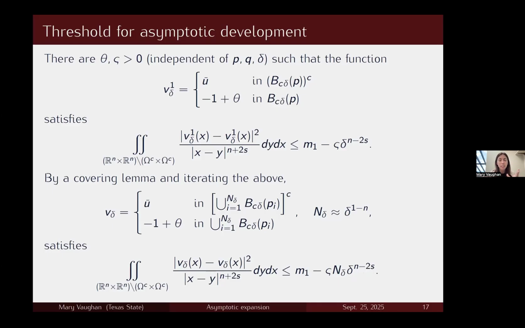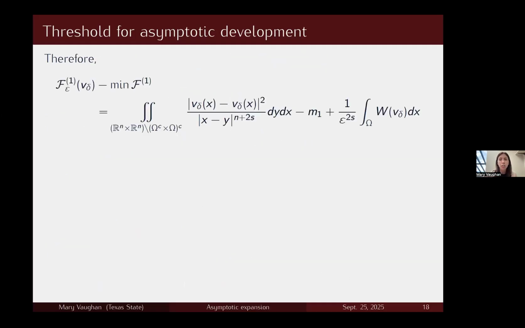Now, using this drop in kinetic energy, we're able to control the difference between the actual F epsilon 1 energy of my function and the minimum value.